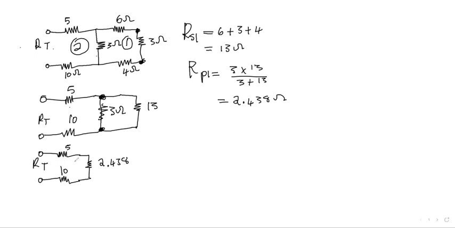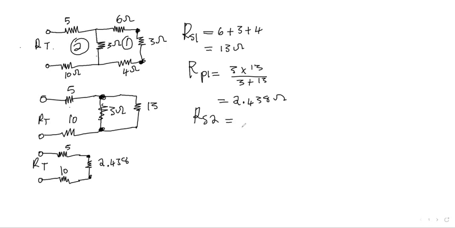So now I have to identify the type of connection. I have 5 ohm, 10 ohm, and 2.438 ohm. How are they connected? They are connected in series. So that means I will just add them. Then let me get my RS2.